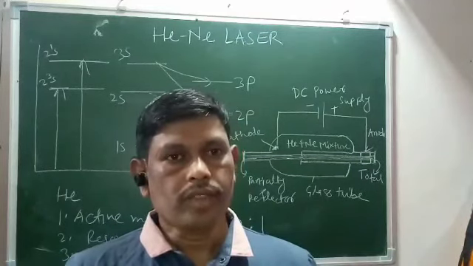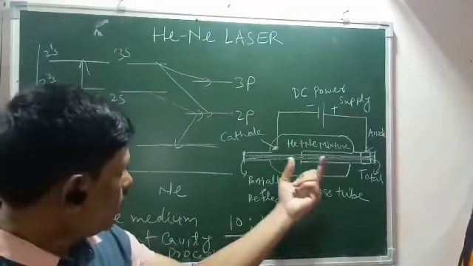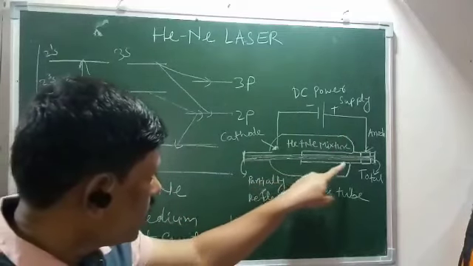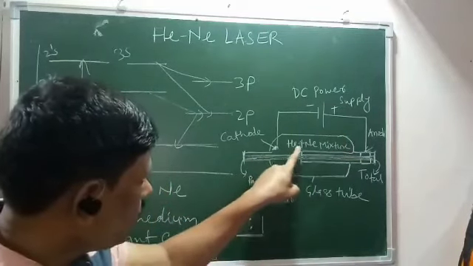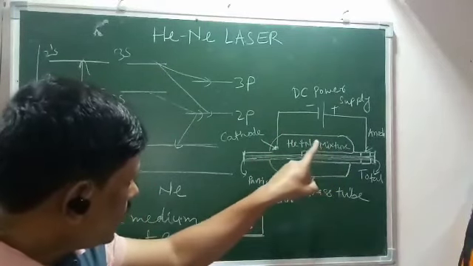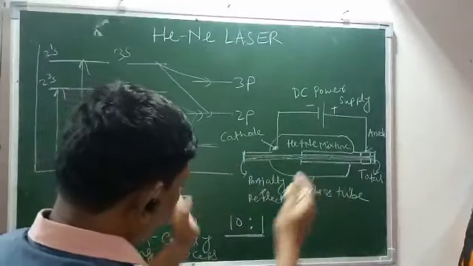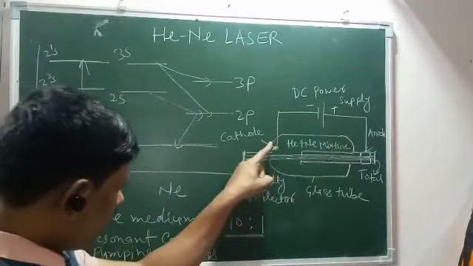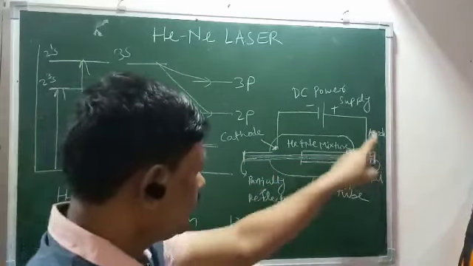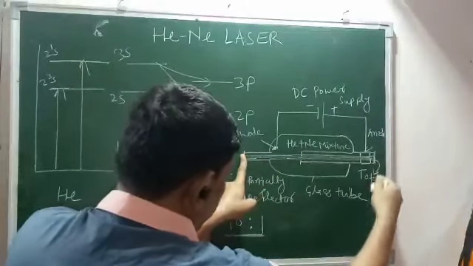So in the construction part, we can see that there is a glass tube. Inside it, the mixture of helium and neon is situated. On the left part of the glass tube, there is a parallel plate, and the right side of the glass tube also has a parallel plate.